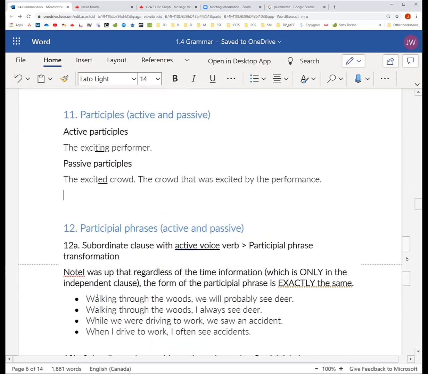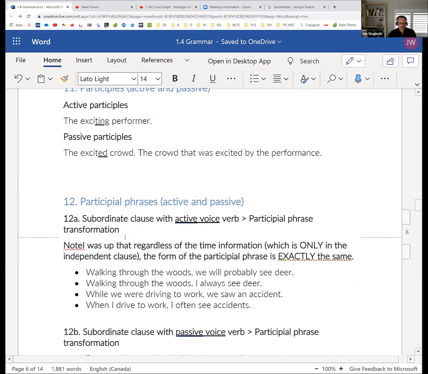And in terms of participial phrases, the most common way to think about them is, well, let's look at this example first. If you've got a subordinate clause with an active voice verb, it becomes an active participial phrase.